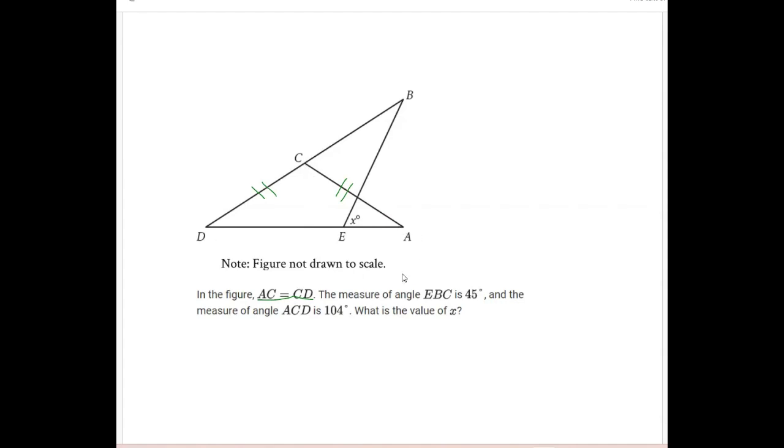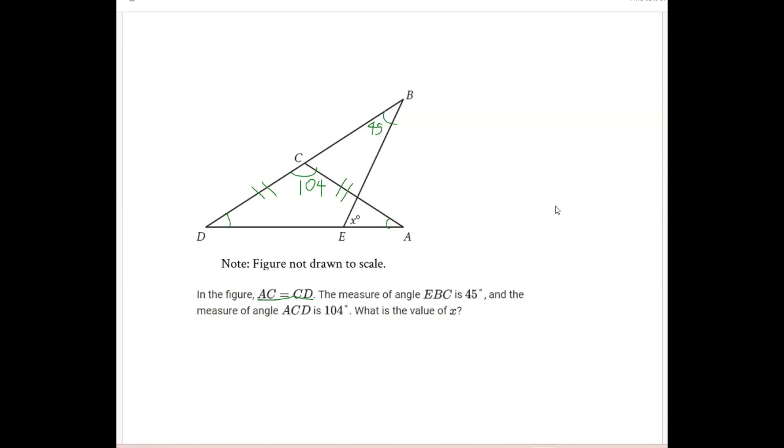The measure of angle EBC is 45 degrees, and the measure of angle ACD is 104 degrees. So immediately I can calculate the angles for D and A respectively because the triangle ACD is an isosceles triangle.